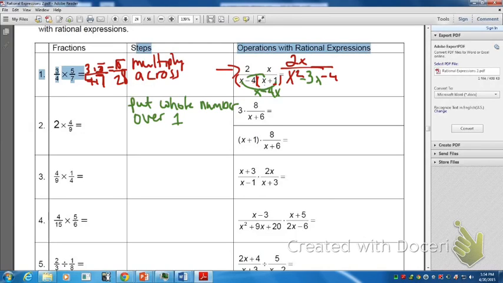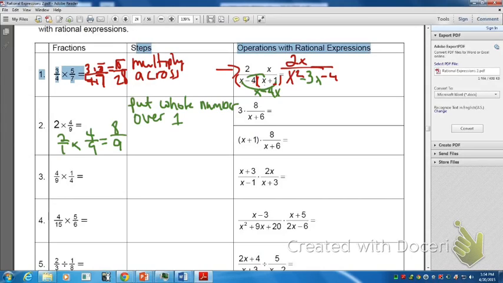So we would rewrite this as 2 over 1 times that 4/9. Okay? And then you would do just like we did on number 1. You multiplied that thing across. So you would take the 2 times 4 to give yourself an 8 over 1 times 9. 8 over 9, yes. Okay.